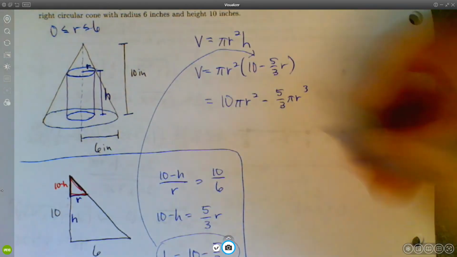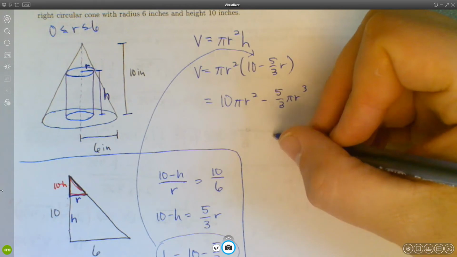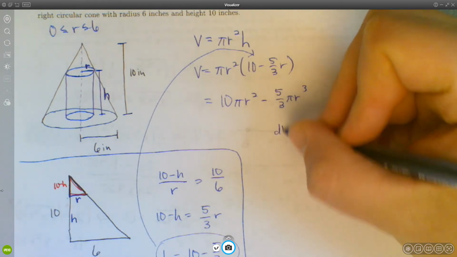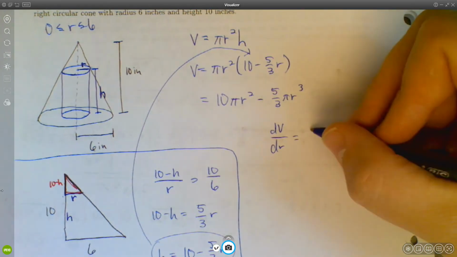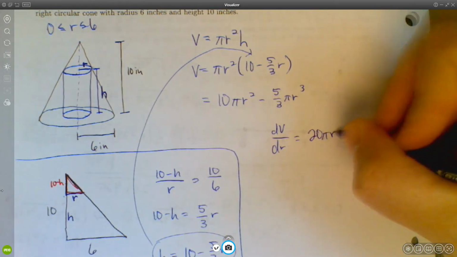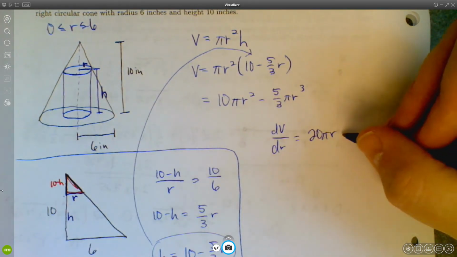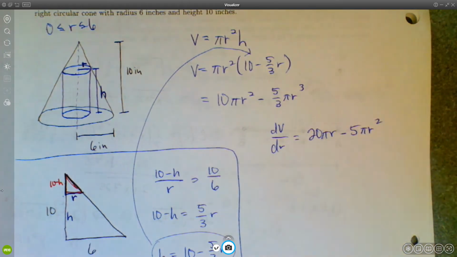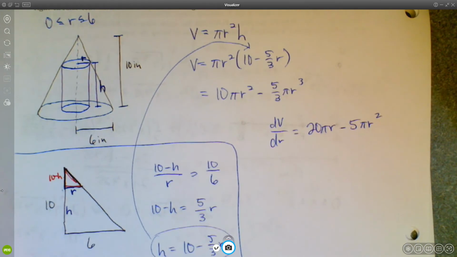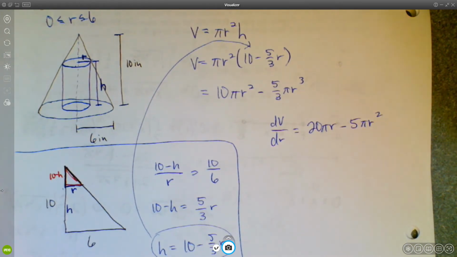Okay, now let's differentiate. So the derivative with respect to r now is going to be 20 pi r minus 5 pi r squared. Okay, and then I'm going to set that equal to 0 and solve.